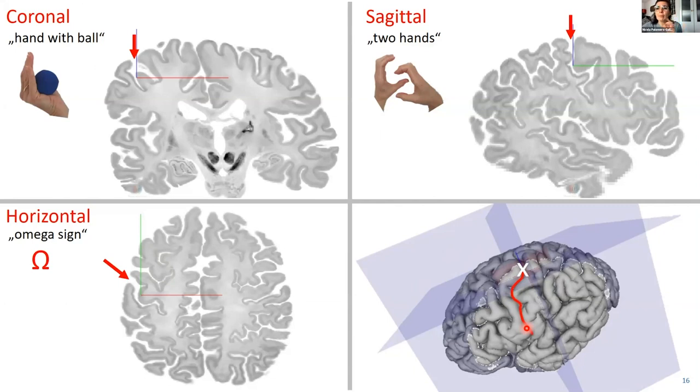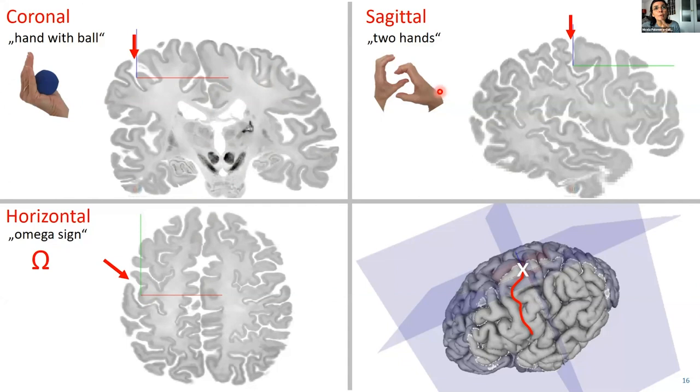Now, there's one thing I must tell you, because I would now like you to switch to the browser to see if you can find these planes of sectioning in the left hemisphere, which is what I've shown here, or in the right hemisphere. And there's one thing you must know. You're never going to be able to replicate this image that I'm showing you now, because it is due to the 3D structure of the brain.